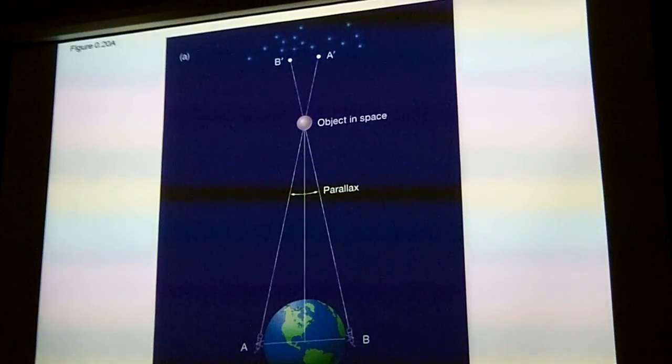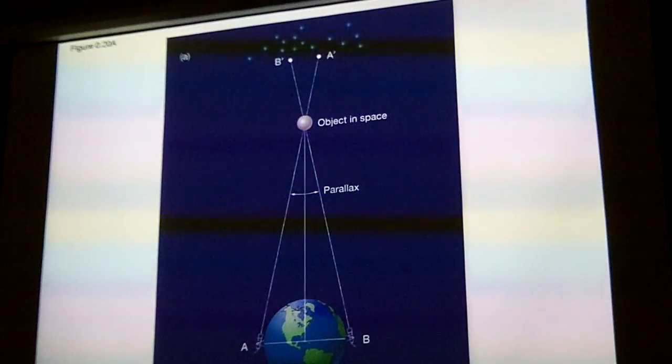Maybe won't even move at all by this method. But if you could somehow increase your baseline, you might be able to get them to move a little bit. How do we increase the baseline? That's what I'm asking. It's not spaceships. Human ingenuity. Yeah, that's what I'm waiting for from you guys.